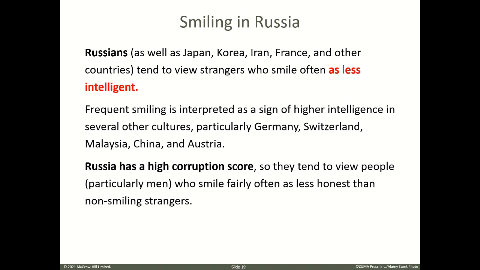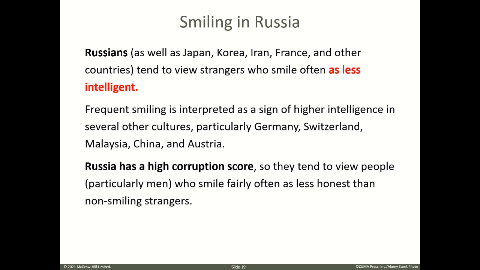Not only Russians, but people in Japan, Korea, Iran, France, and other countries tend to view strangers who smile often as less intelligent. The people who smile a number of times, they consider less intelligent, and frequent smiling is interpreted as a sign of higher intelligence in another part of the world.